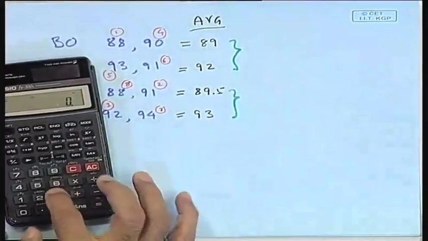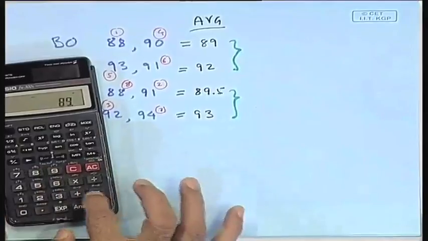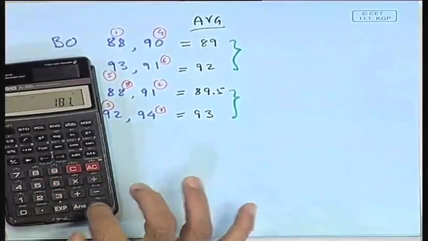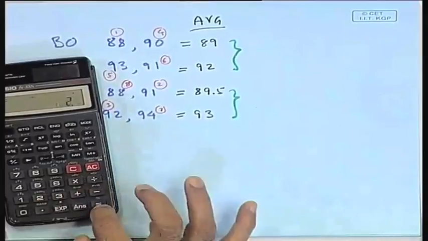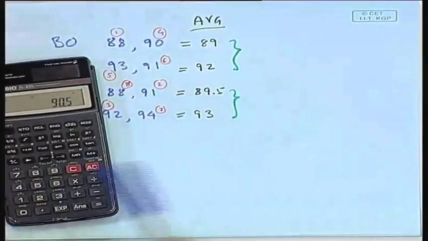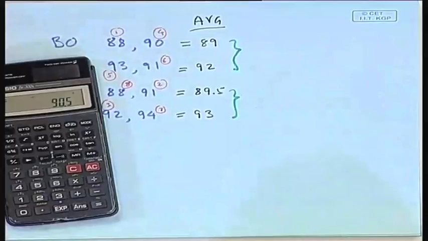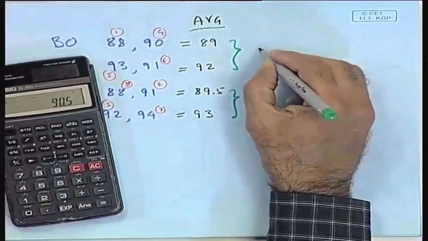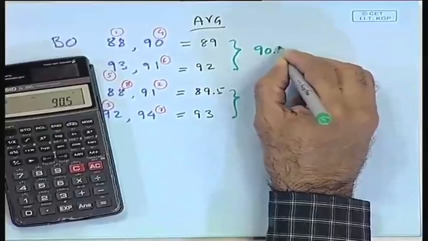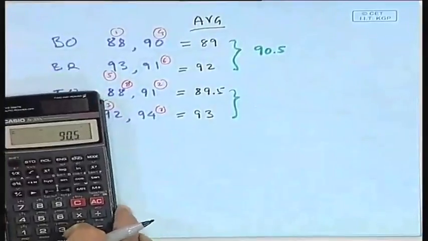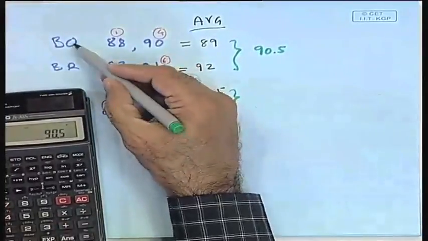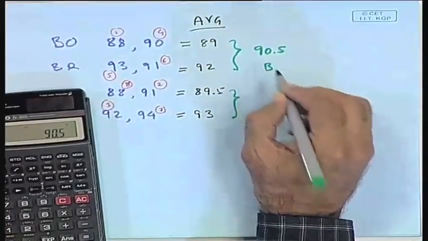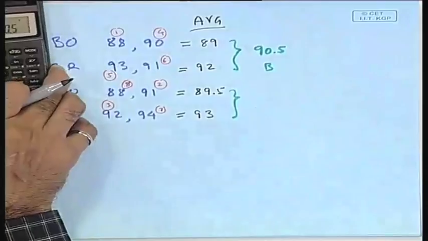I have 89 plus 92 divided by 2. That's 90.5. So I have 90.5. And what is common between these two? B. B is common. So this is going to be the effect of B.